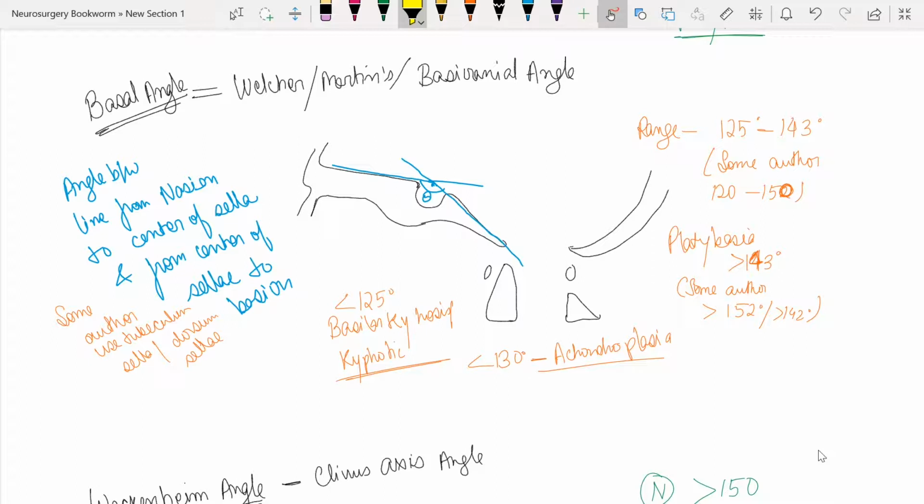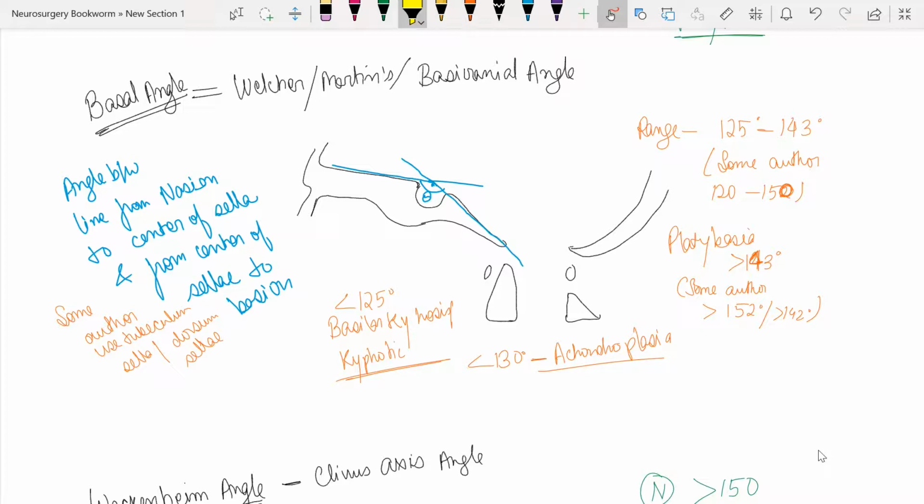So if basal angle is more than 143 degree, or you can say more than 142 degree as per some authors, then Platybasia is present. Some authors have told that Platybasia happens when basal angle is more than 152 degree. So it depends on person to person and their interpretation. So you should know all these values.